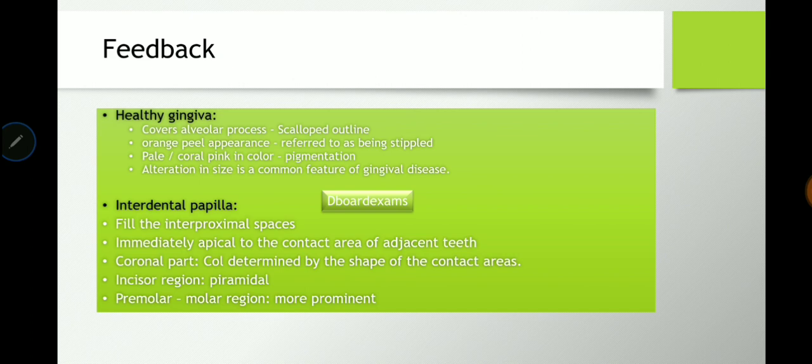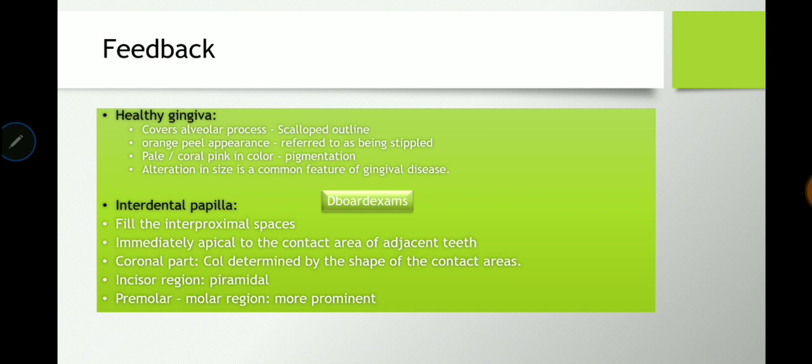Okay, and also an alteration in size is a common feature of gingival disease. So meaning when somebody has gingivitis or periodontitis, you see some gingival inflammation, some plaque, and everything else. Everything is edematous, erythematous. So you have to know what's healthy, what's diseased, okay.